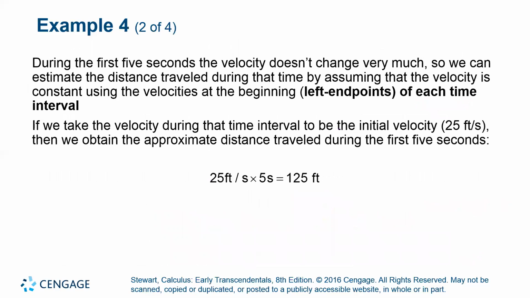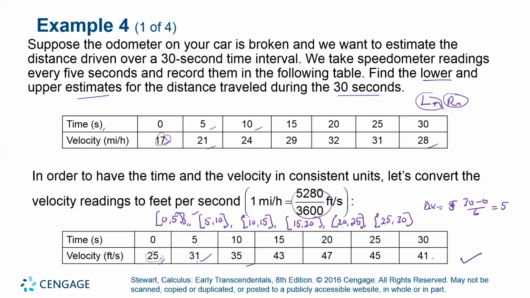Now, during the first 5 seconds, if we are using the velocities at the beginning, which is the left endpoints, it's going to be 25 times 5 seconds, which is 125 feet. We are using the beginning of each time interval, so 25 times 5, because delta x is 5.